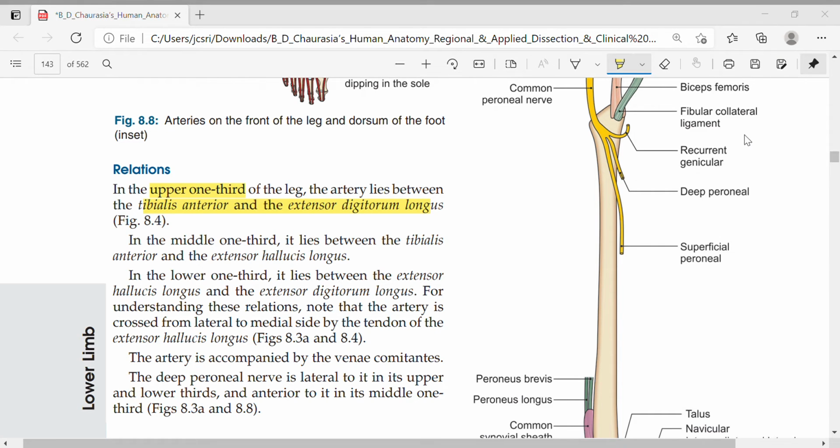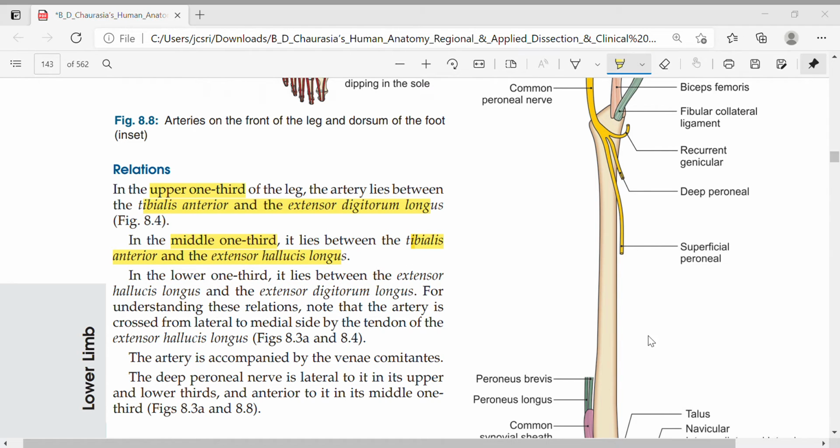So let me use the cursor so you can see very easily. This is the tibialis anterior, and this is the extensor digitorum longus, in the upper one third. In the middle one third, we have tibialis anterior and the extensor hallucis longus.